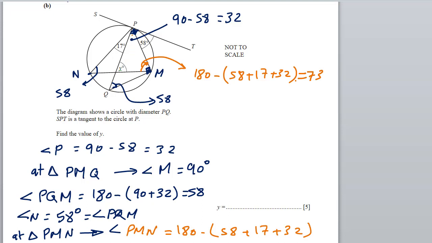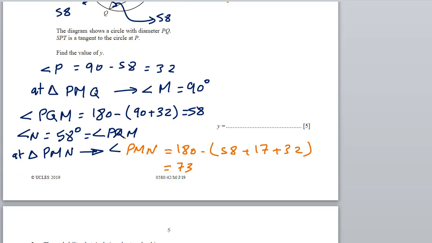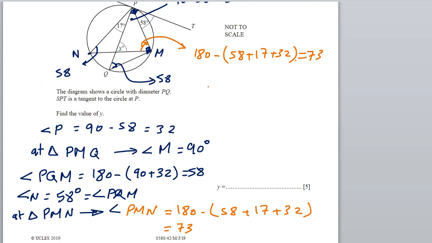So now in this triangle, 73 is this angle. Now at triangle PSM, which is angle Y, is equal to 180 minus (73 plus 32).